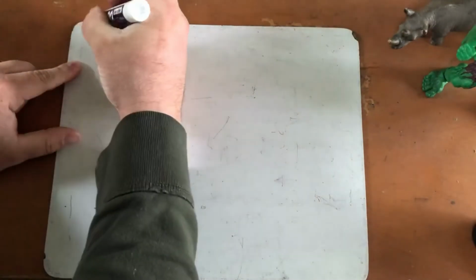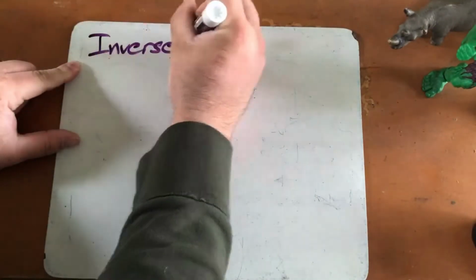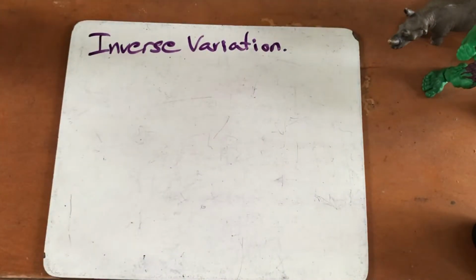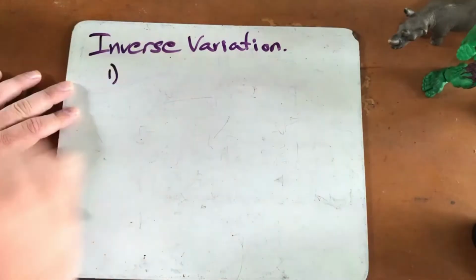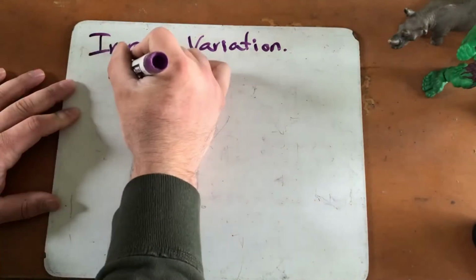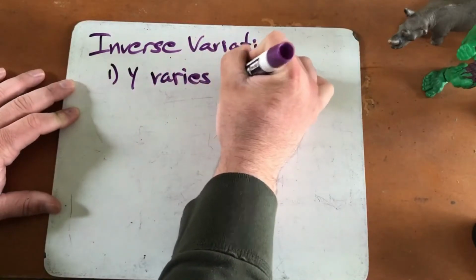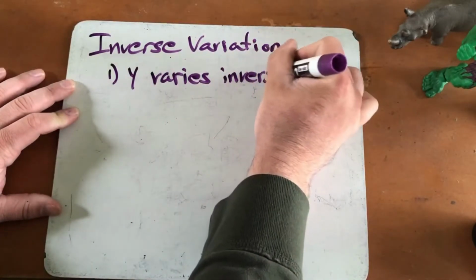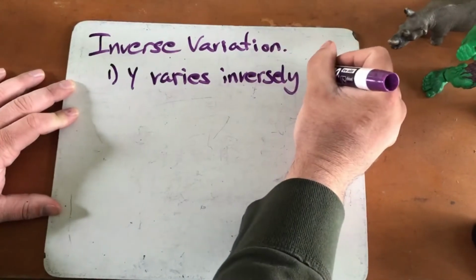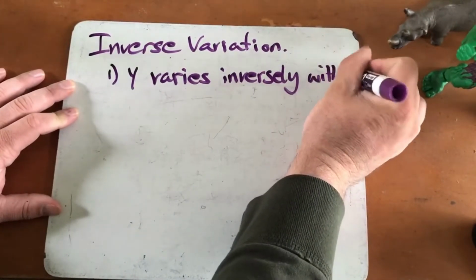When I'm looking at inverse variation, it is similar to direct variation in the fact that it will tell me in words that it varies inversely. For the first one, let's say it tells me y varies inversely with x.